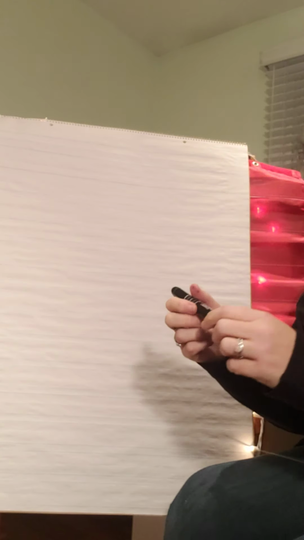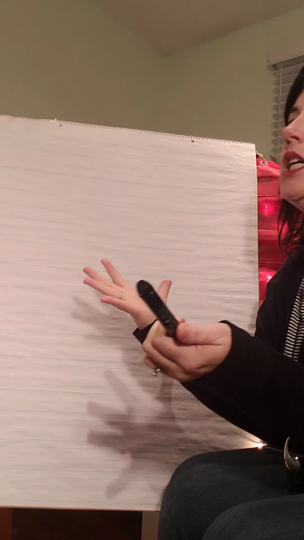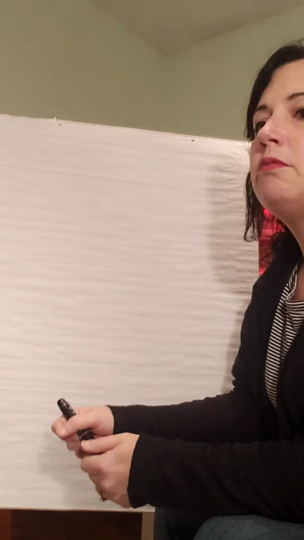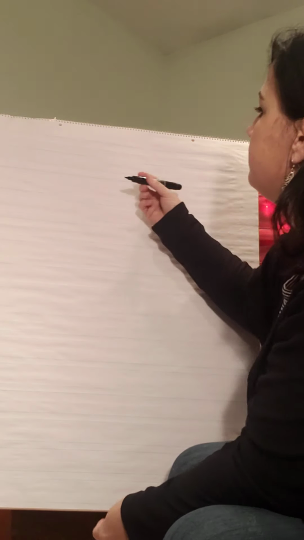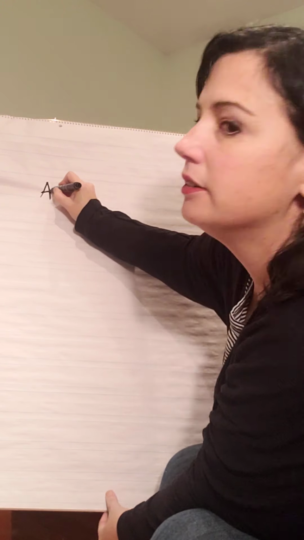If I'm going to write a sentence like, ants are on the wall, I'm going to show you the sentence with no spaces, and then I'm going to show you the sentence with spaces. Capital letter in the beginning.